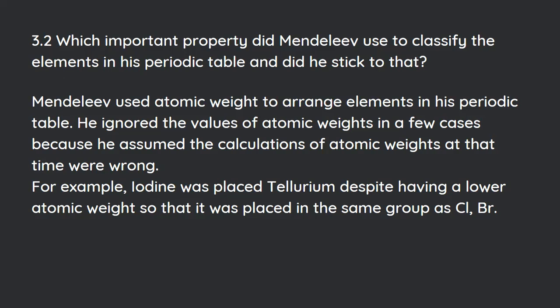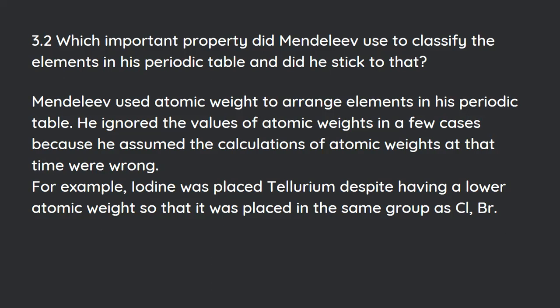All they knew was atomic weight. So he arranged these elements with respect to the atomic weight, and he ignored the values of atomic weights in some cases because he had assumed that the calculations were wrong, and he was right with respect to that. For example, uranium was considered to be just 120 as its atomic weight, but later it was found to be almost double the amount.